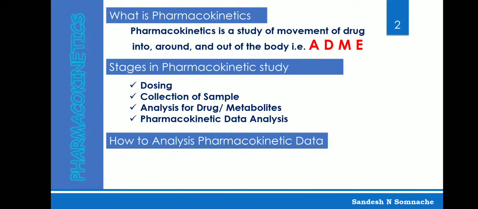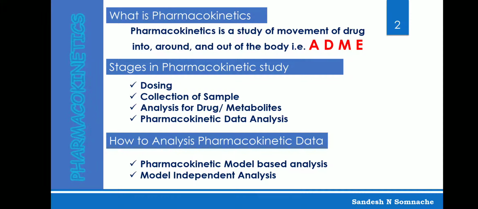This pharmacokinetic data can be analyzed by using either model based analysis or model independent analysis. Either we can go for a physiological model or the compartmental analysis, or we can use the model independent statistical methods.